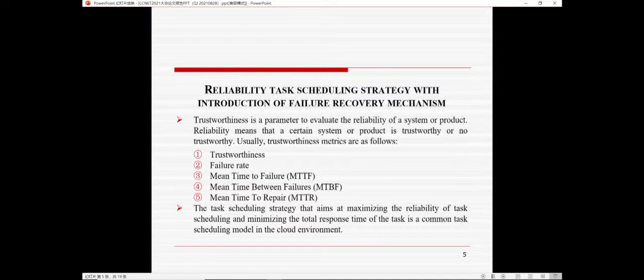Usually trustworthy metrics are as follows: trustworthiness, failure rate, mean time to failure, mean time between failures, mean time to repair. The task schedule strategy aims at maximizing the reliability of the task schedule and minimizing the total response time of the task in a common task schedule model in a cloud environment.